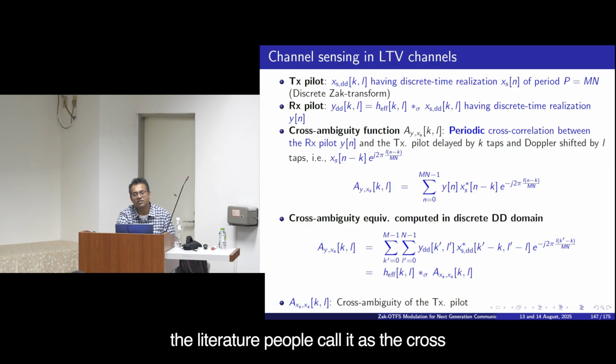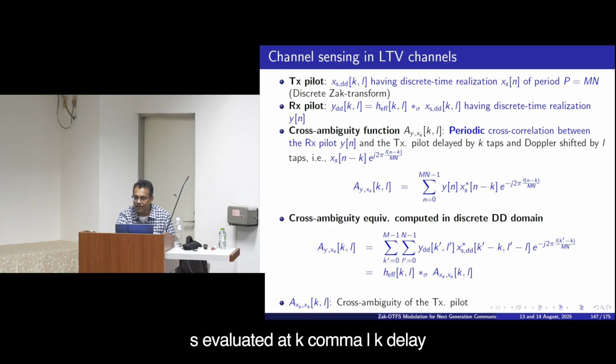People call it the cross ambiguity function. They call it the discrete cross ambiguity function between y and x_s evaluated at k comma L, k delay taps and L Doppler taps. Okay, that's what you got.